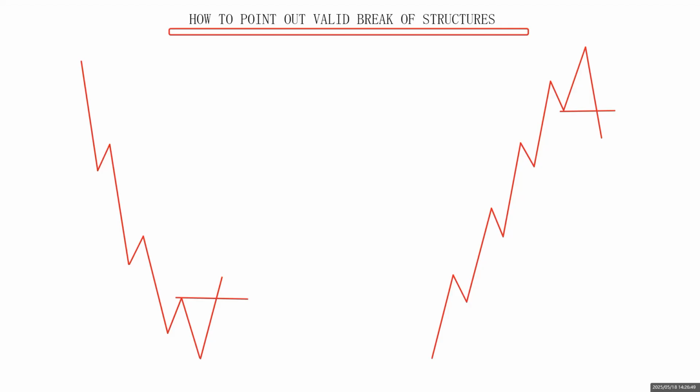correctly. So on the left side of the screen, as you can see, this is a bearish structure that got broken. It's a situation of a bearish structure that has now gotten broken and become a bullish structure. And on the right side of the screen, it's a situation where a bullish structure got broken, and right now price is making bearish structures.